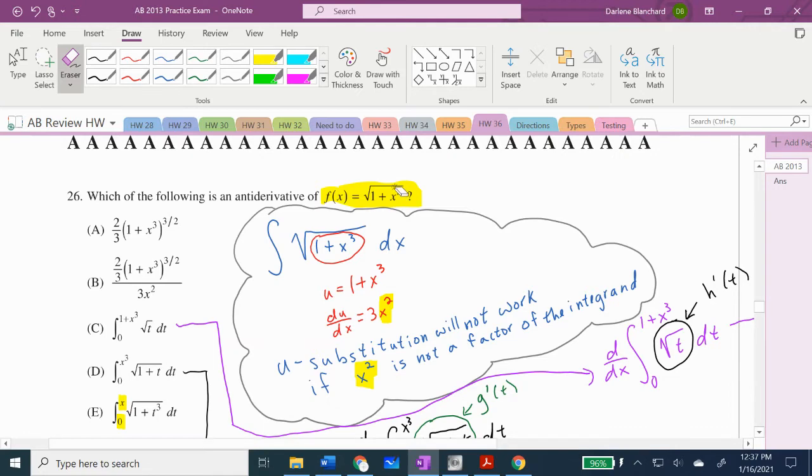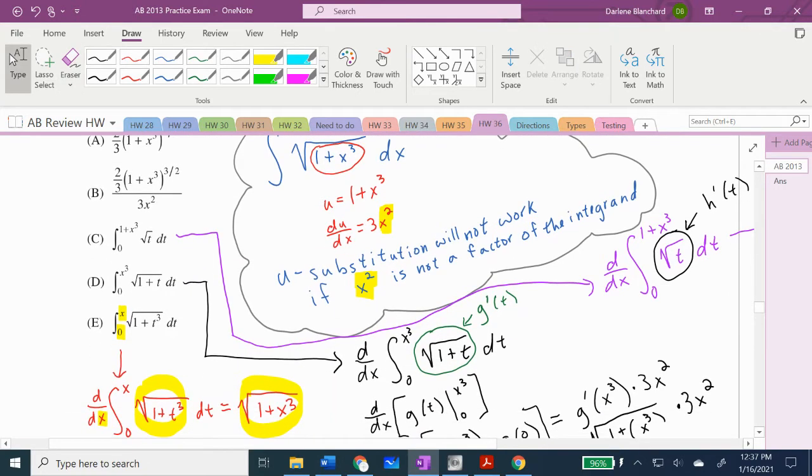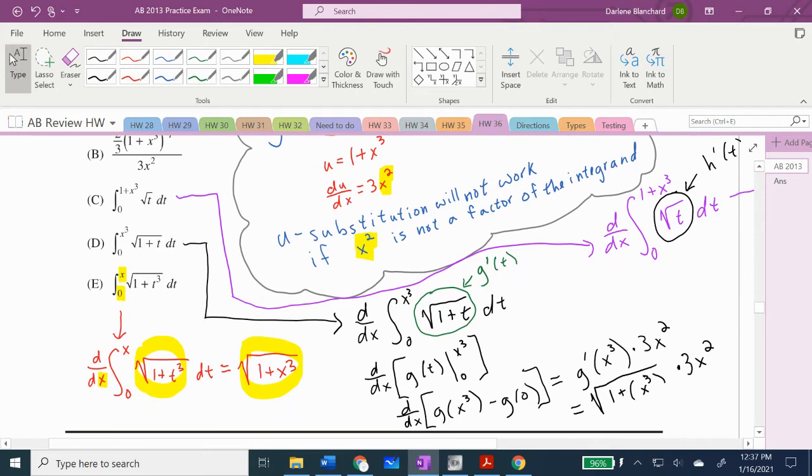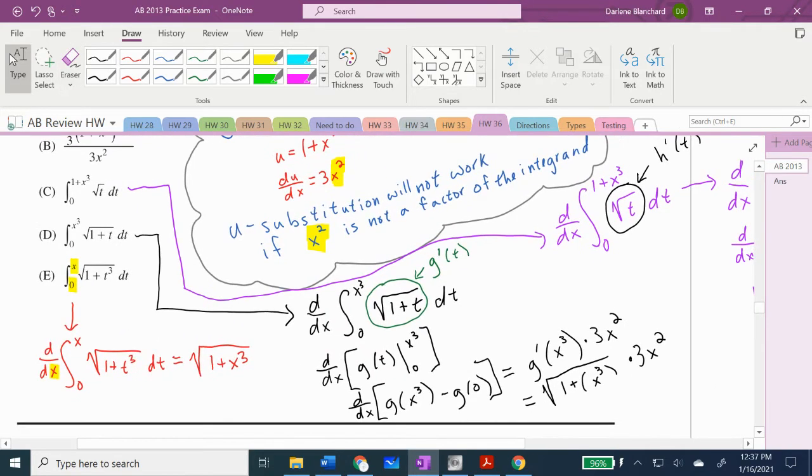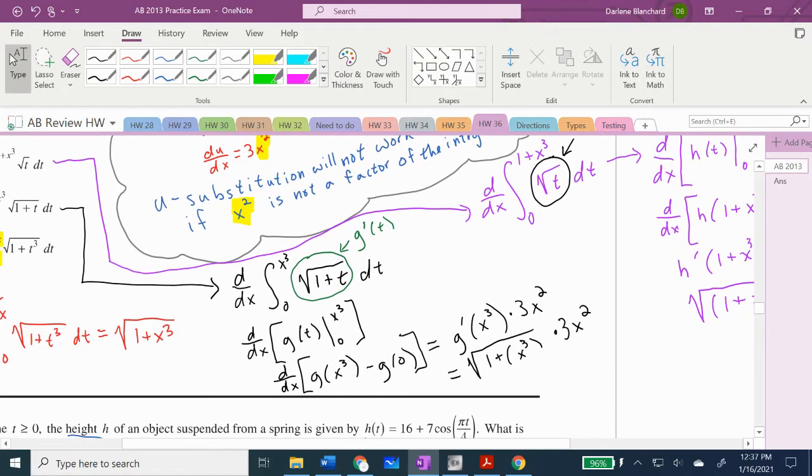The next question is, why is it that D and C do not work? For D, there are actually very similar reasons for both of them.